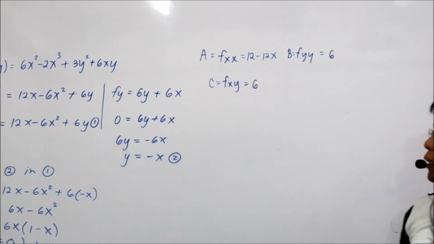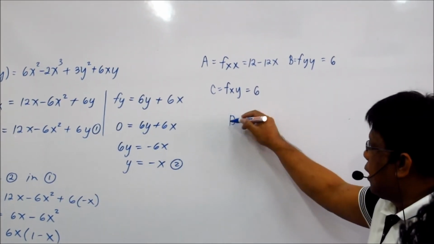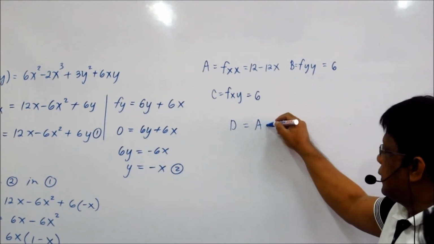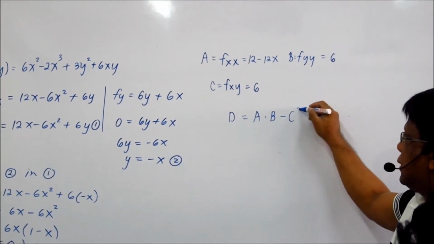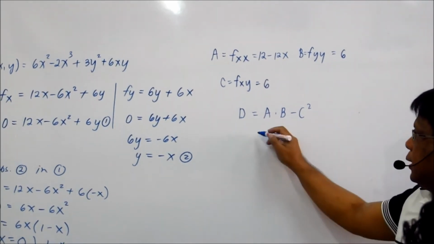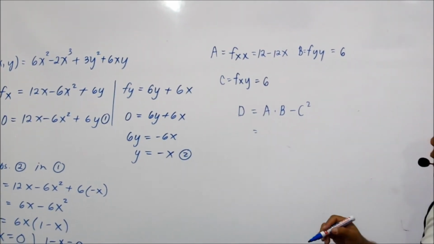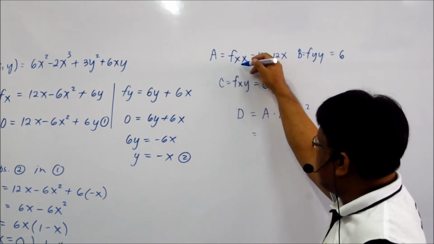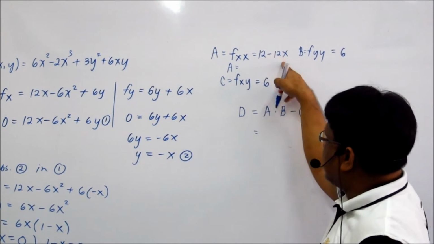Okay? As a shortcut, because we will now define the value of D from A times B minus C squared. This is our formula last time, no? So what is then A? We're going to find the value of A by assigning the x value.